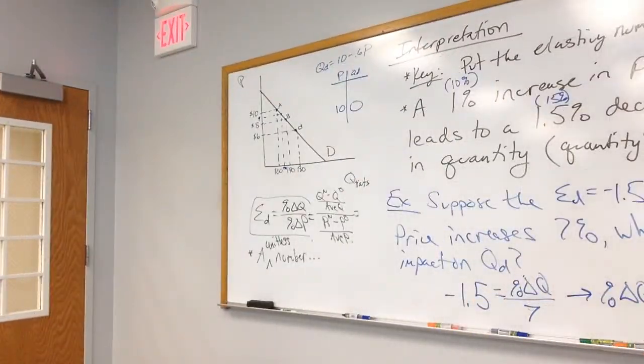So, the elasticity of demand equals the difference of the quantities, which was 40, divided by the average of 160, over the difference of the prices, which was -2, divided by the average, which was 7. So this equals 4/16 times 7/2.